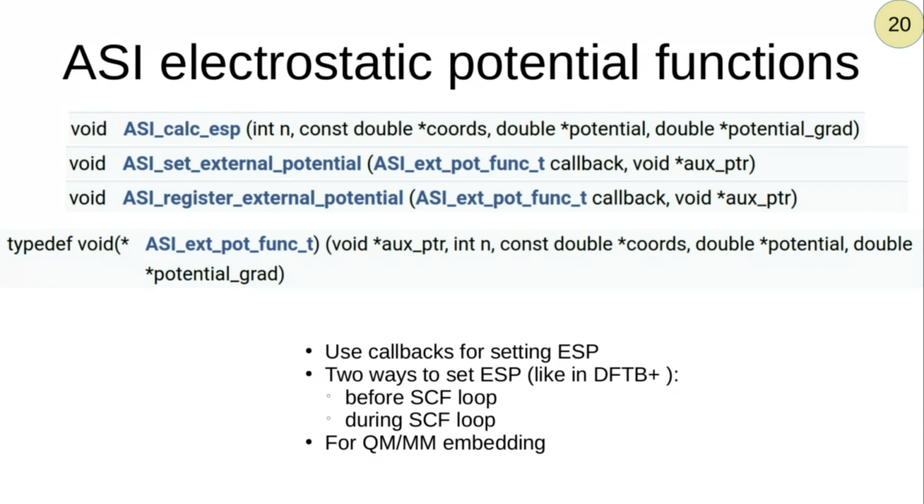There are 2 functions, actually, to set electrostatic potential during the self-consistent loop, that is adopted from DFTB+ implementations. And essentially, once again, designed for QMMM embedding methods.